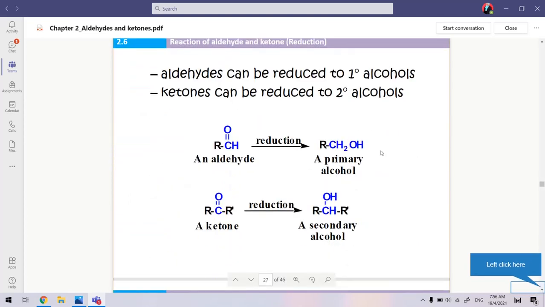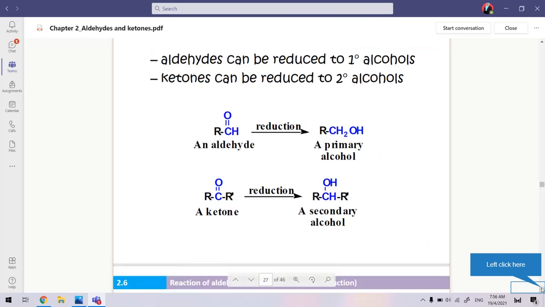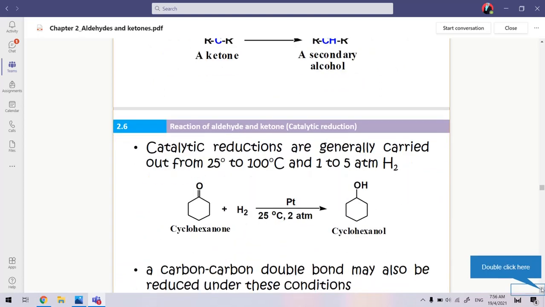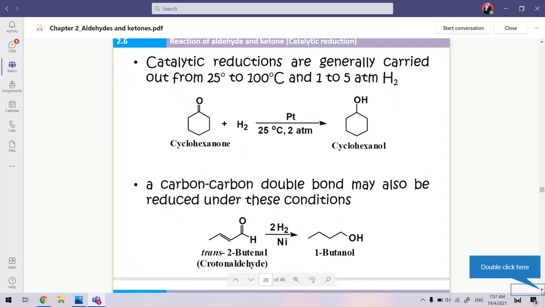Aldehyde can be reduced to primary alcohol. Ketone can be reduced to secondary alcohol. Okay, here aldehyde is reduced to primary, ketone reduced to secondary. The double bond group will reduce to OH group. And catalytic reductions are generally carried out from 25 degrees C to 100 degrees C at 1 to 5 atm hydrogen.